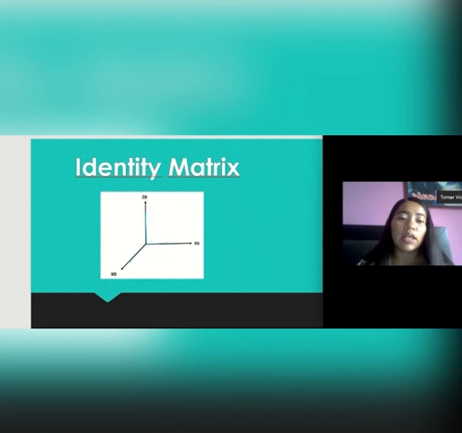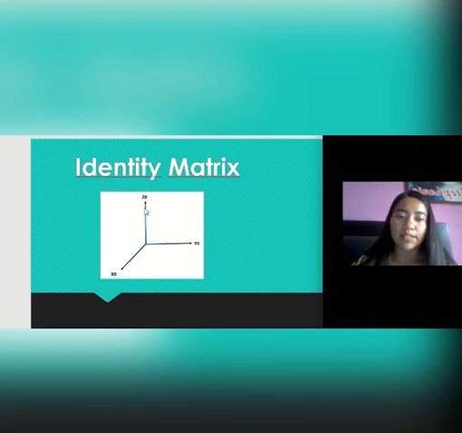For example, in this figure, here is the main diagonal because here we locate the ones, for example, in x and y and z. Here is the first point.